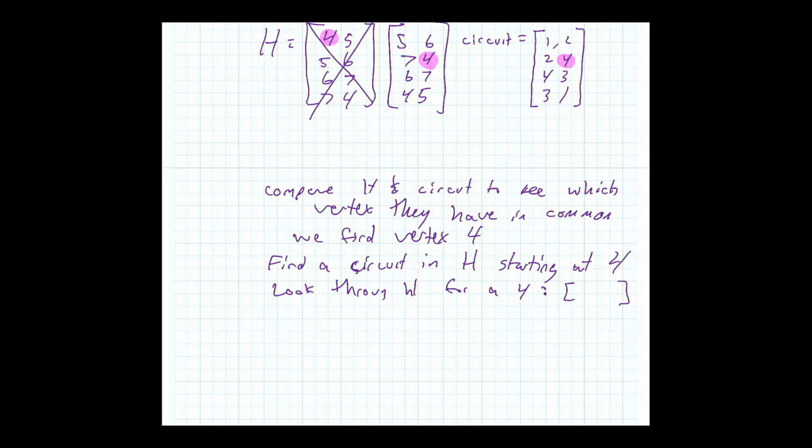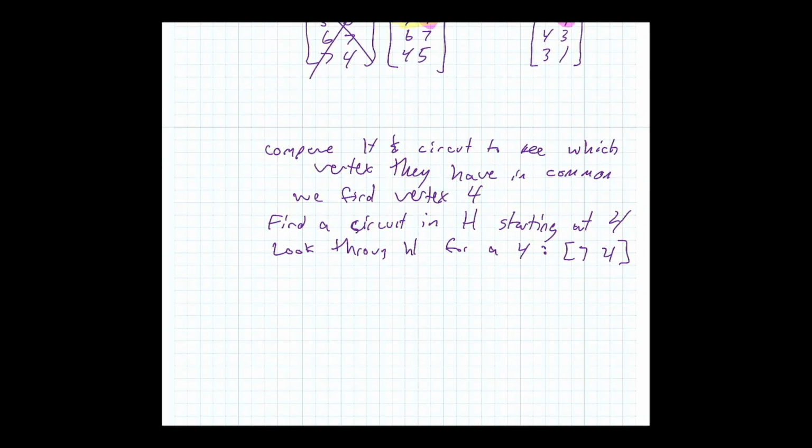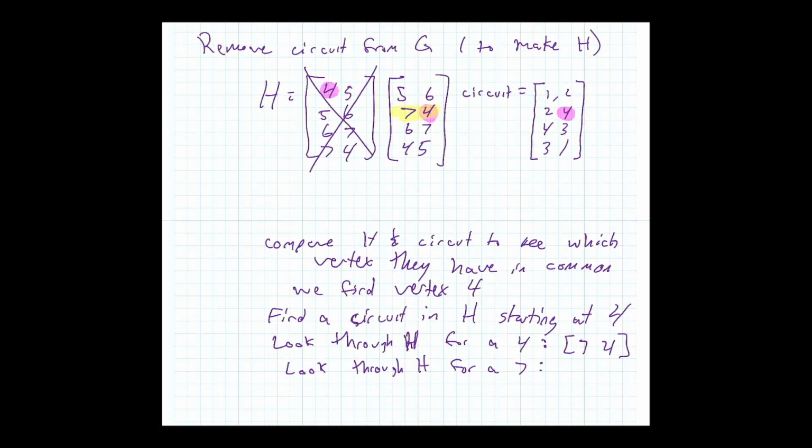We would find 7, 4. Now you're at vertex 7 because you were looking for the 4, so now you found a 7. So look through H for a 7, but not the one that we just found. You look through here for a 7, you find 6, 7.